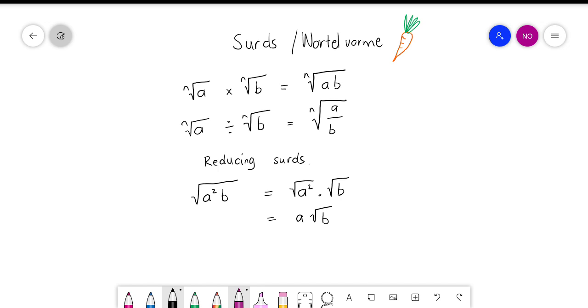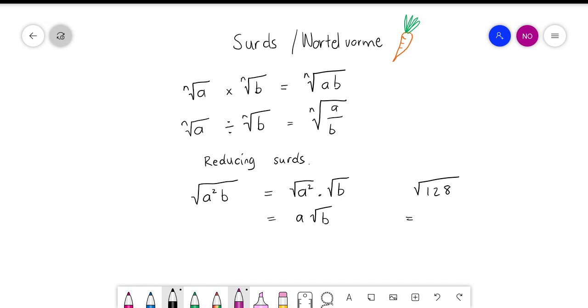Want onthou vierkantswortel en 'n kwadraat is mos teenoorgesteldes van mekaar. So kom ons kyk byvoorbeeld na so iets. Type that in on your calculator. Good. So how did they get that? They said that I can write this as a product of a complete square and something. What's a complete square? It's like when I say 4 squared.